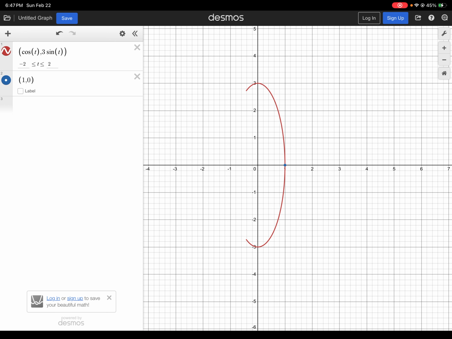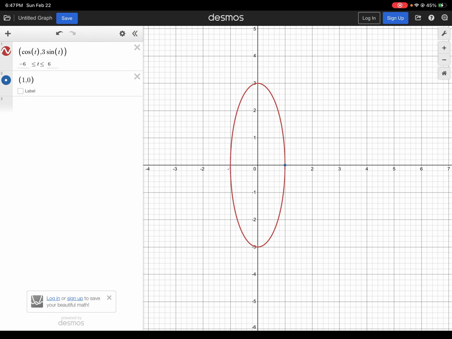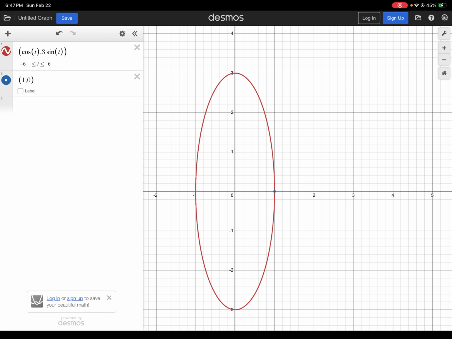And then if I do something like this right here, it kind of makes a little ellipse. So at t equals 0, for the coordinate 1, 0, we're neither concave up nor concave down right here. So it kind of looks like t equals 0 is a point of inflection here.